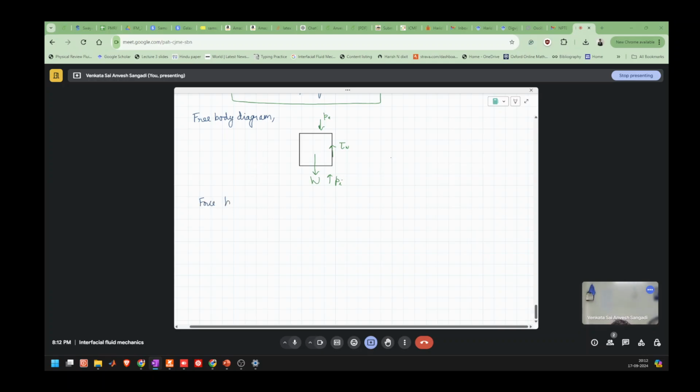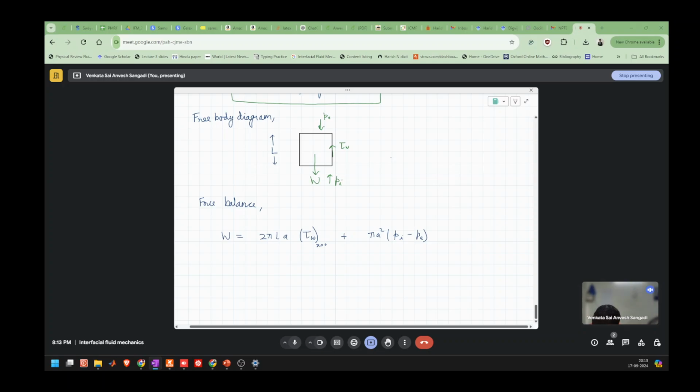Doing the force balance, we have W is equal to 2 pi L into A, the length is L, and then we have tau at x equal to 0, plus pi A square Pi minus PE.